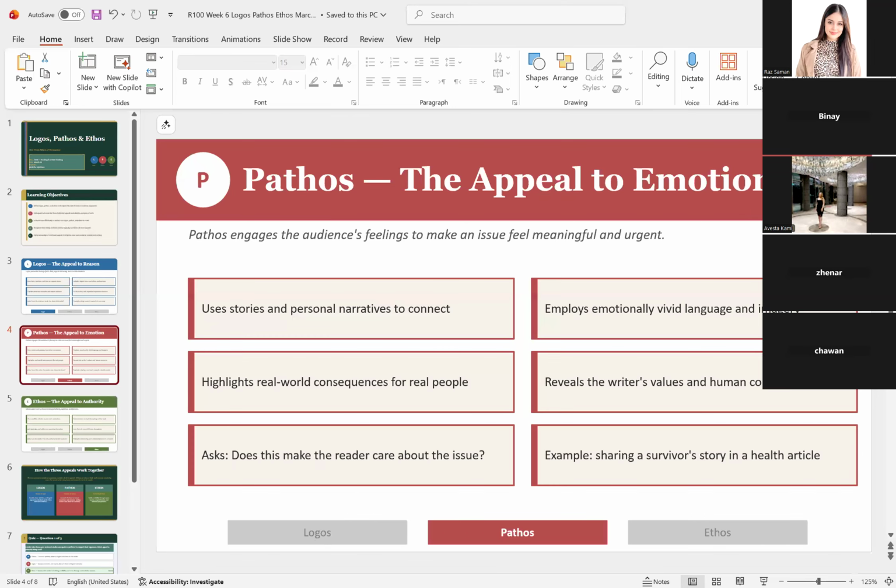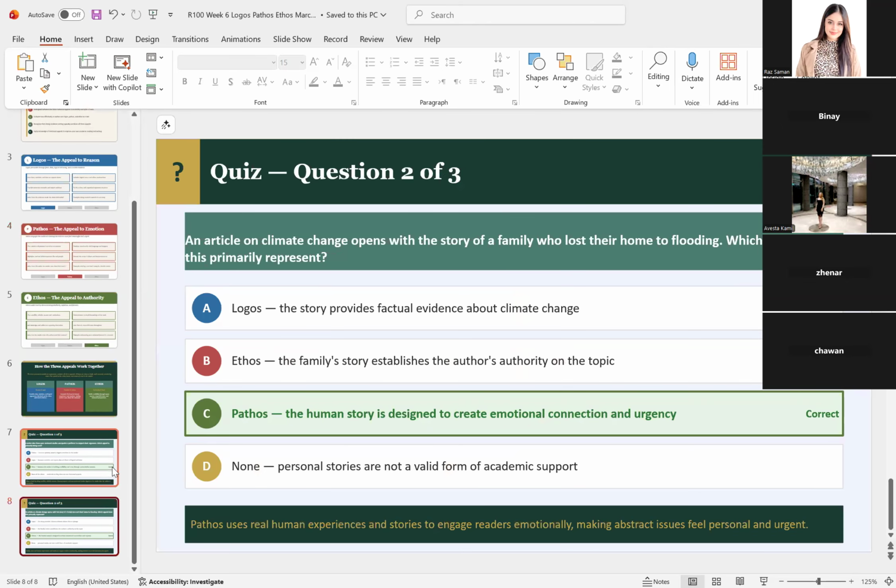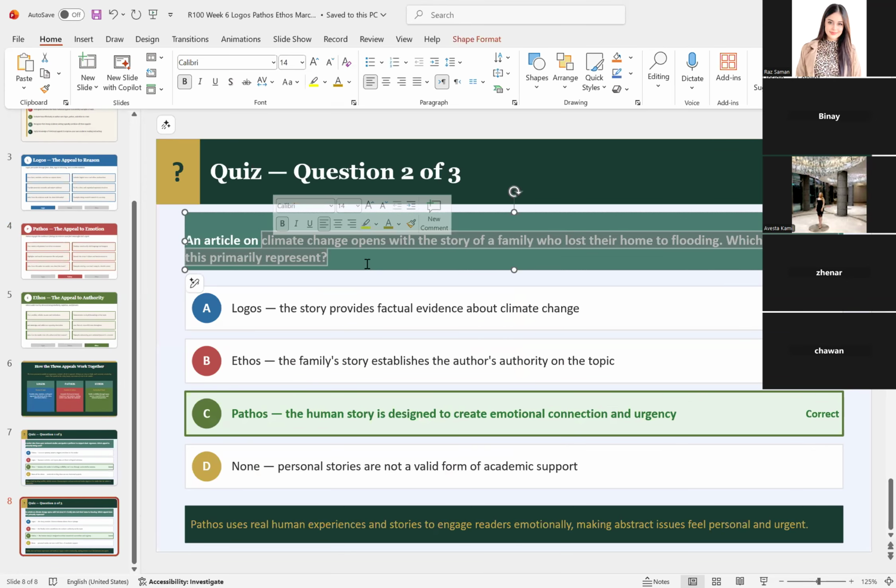I wanted to show you guys an example of that, of pathos. All right? Do you see on the screen here? There's a question. It says, an article on climate change opens with the story of a family who lost their home to flooding.